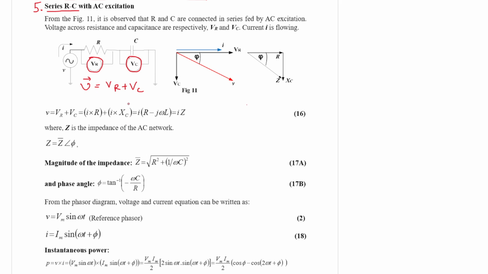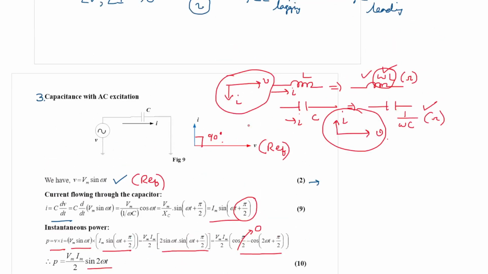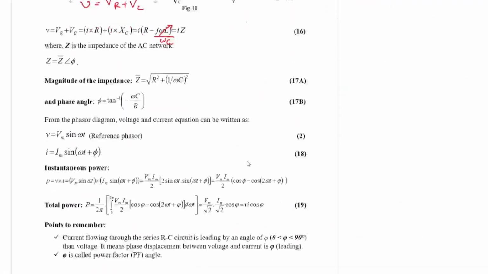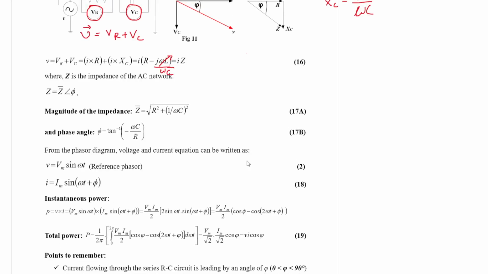It should be XC, but it should not be omega L, it is 1 by omega C. XC we have already previously defined or proved that XC is equal to 1 by omega C. Capacitance will provide a reactance of 1 by omega C. So this is one mistake, it should be corrected.